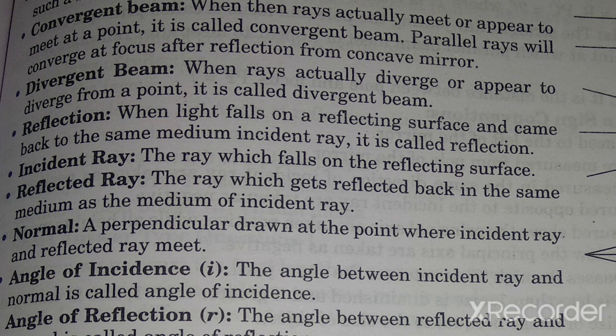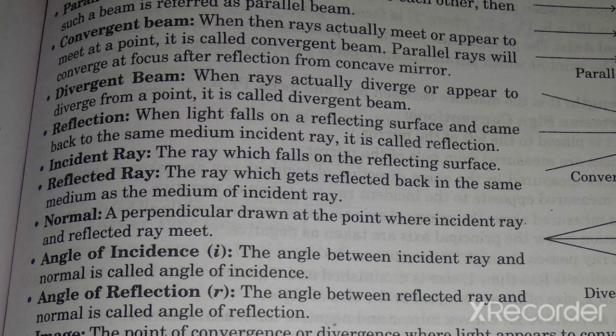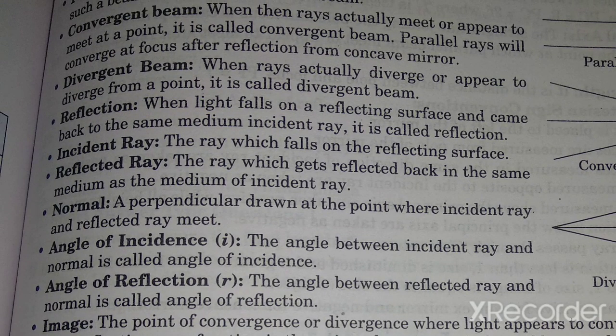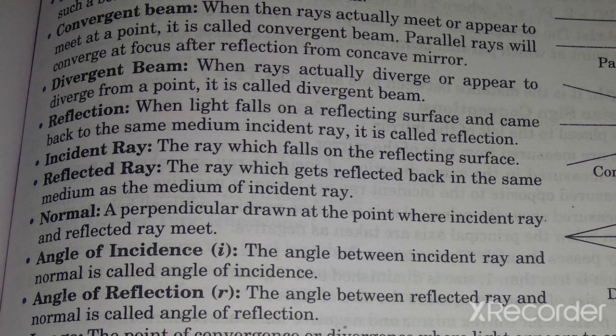I have told you about reflection. When light falls on a reflecting surface and comes back to the same medium from where the incident ray came, it is called reflection of light. I have shown you the diagram in the previous video, in which there was a plane mirror having a flat reflecting surface, and an incident ray falls on it, and after meeting the flat surface, it gets reflected back to the same medium.